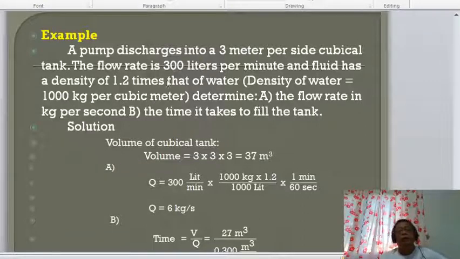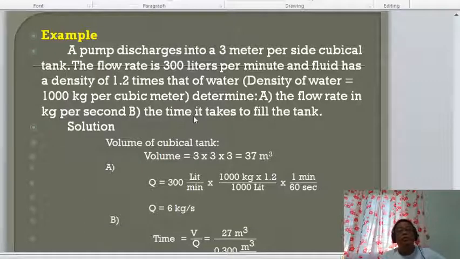Determine A, the flow rate in kilograms per second, and the time it takes to fill the tank. Solution: since the tank is cubical, the volume is the product of the three sides, which is 27 cubic meters, not 37.